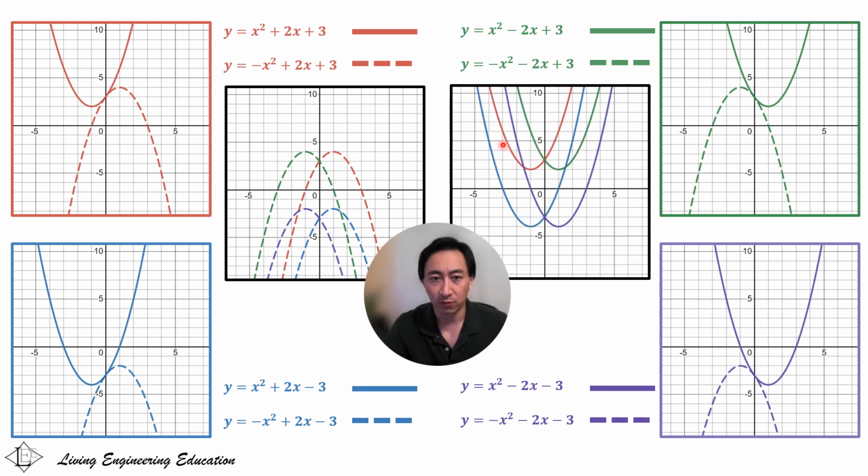Same thing is true for the positive x squared, or positive a values. The solid red and solid green are mirrored across the y-axis by changing the b sign, and then shifting it down by changing the c values from +3 to -3, and that's also going to be mirrored across the x-axis.